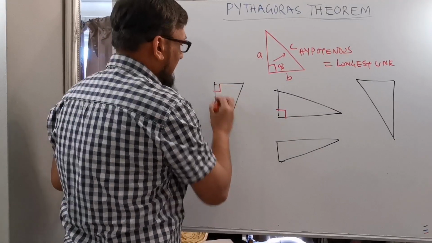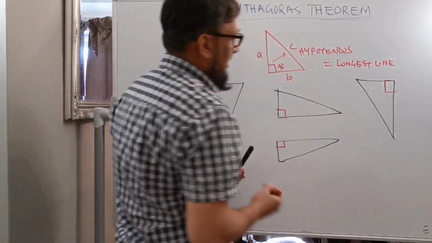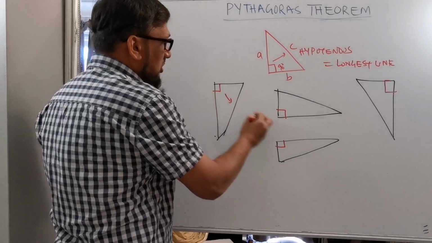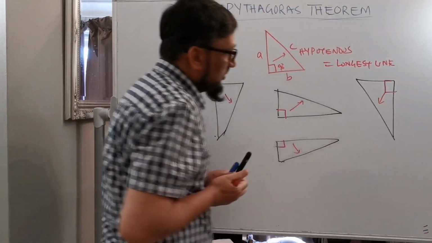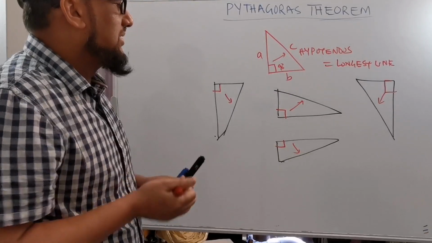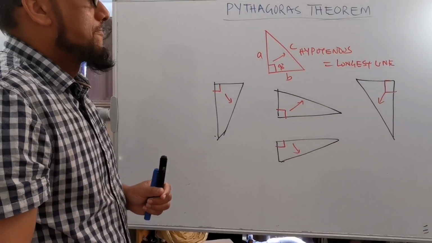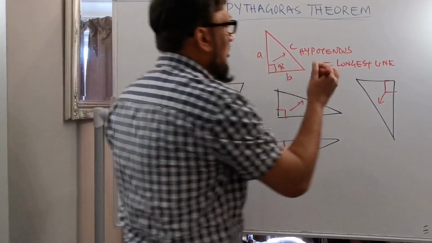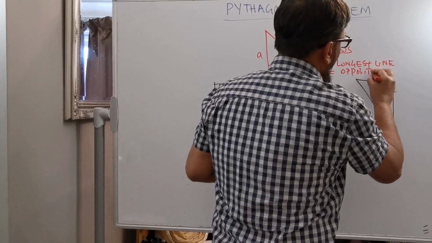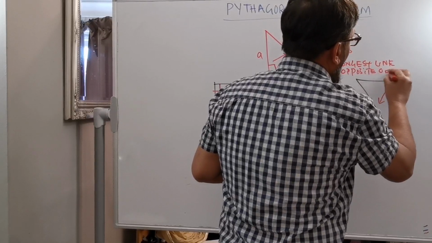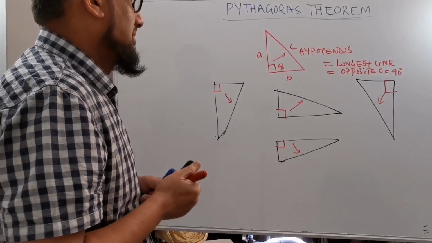This is the right angle. This is the right angle. The side opposite the 90 degree angle, the longest line, is called the hypotenuse.